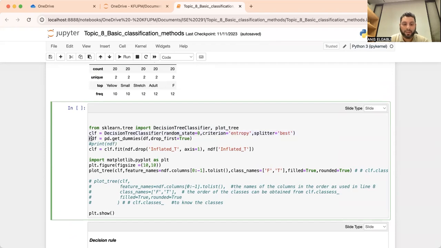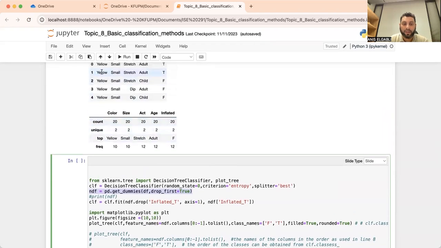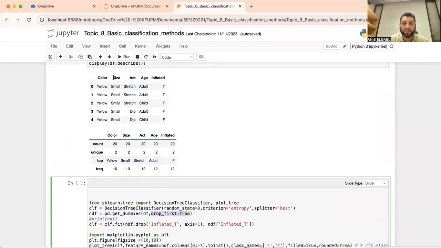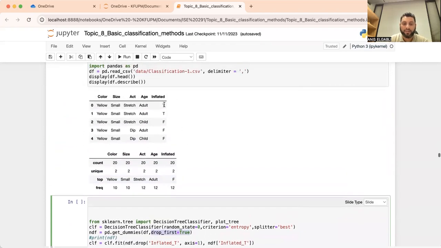Here we actually performed one hot encoding for all of our variables, including the target variable, okay? And we drop the first for everyone. So we are replacing these features with the same number of features, but they will be numeric with values 0 and 1. When we're dropping the first, for example, take inflated: when we run one hot encoding here, we will have inflated underscore true and inflated underscore false.